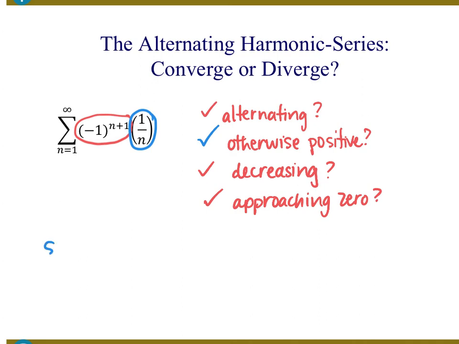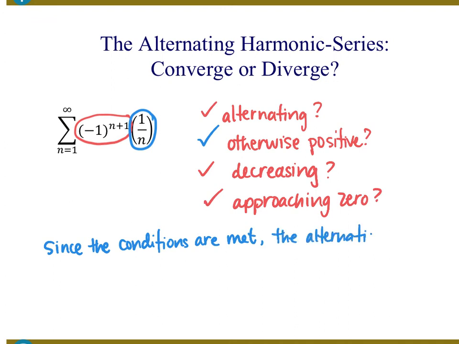So we say, since the conditions are met, the alternating harmonic series is conditionally convergent.